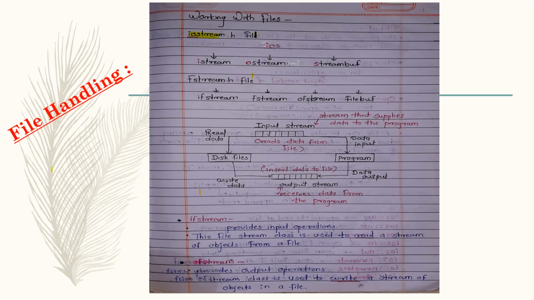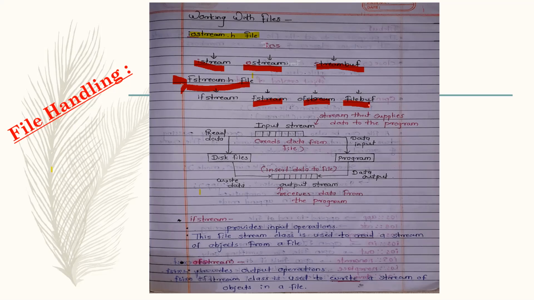Means our iostream.h file includes istream, ostream, and streambuf. And the fstream.h header file includes ifstream, ofstream, fstream, and filebuf. It uses streams generally as an interface between the programs and the files.